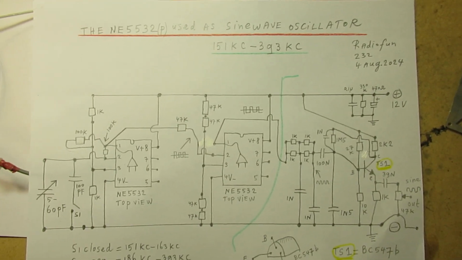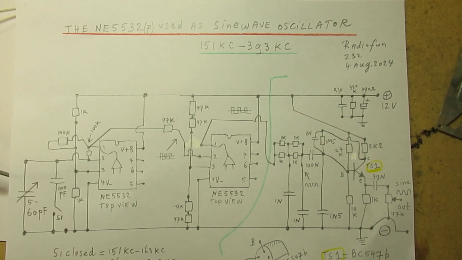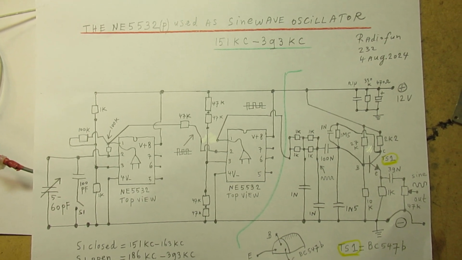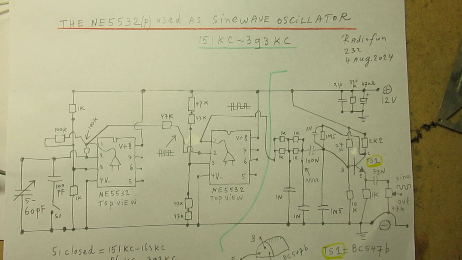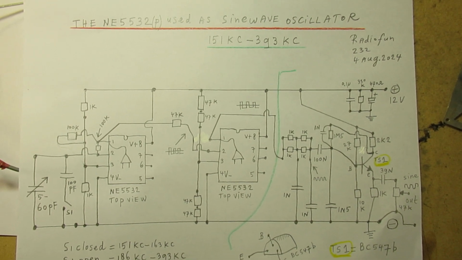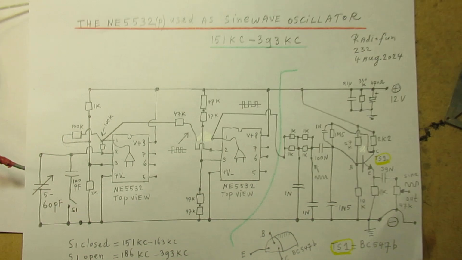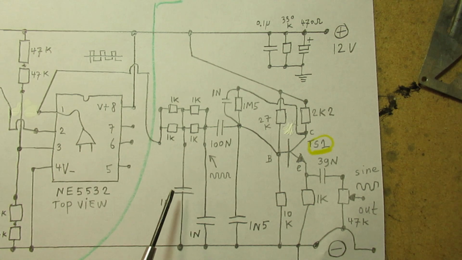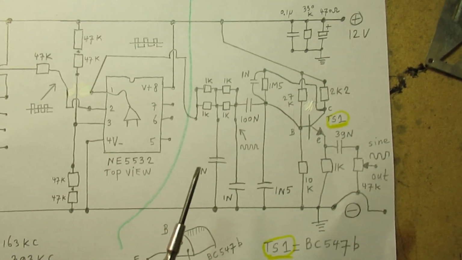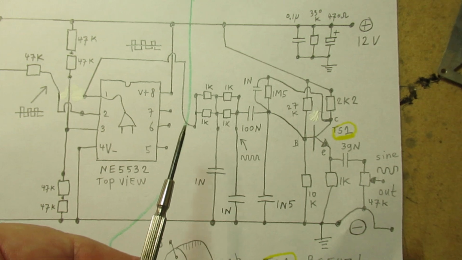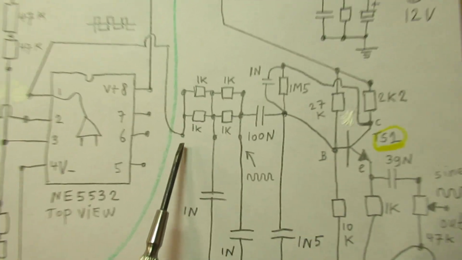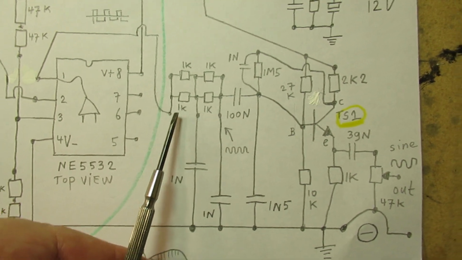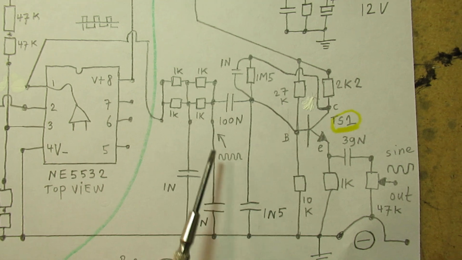And when you study this schematic here, it's made with 2 times the NA5532. You also see here that filter: resistor, capacitor, resistor, capacitor. The interesting thing is that here the signal gets in, a square wave, and slowly it changes over the filter into a sine wave.